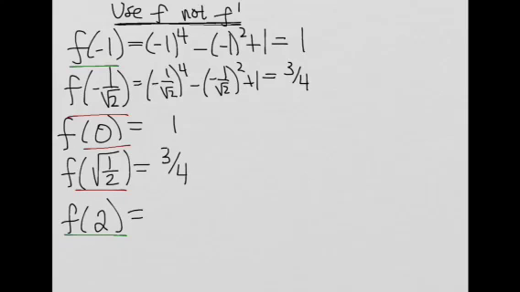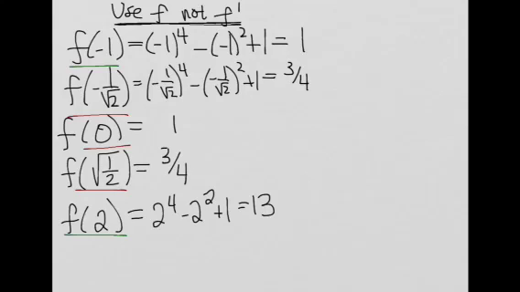And if I plug in 2, 2 to the 4th minus 2 squared plus 1 is 13. Okay, so I plugged in all of my values, and I have all the values for my potential endpoints and my critical points.